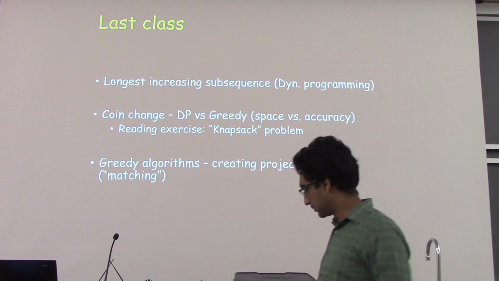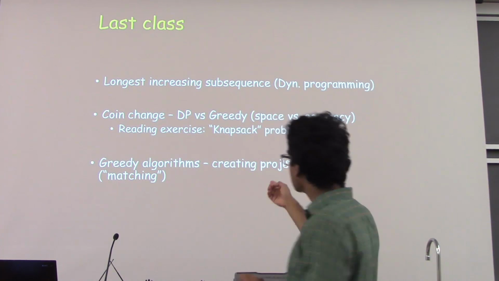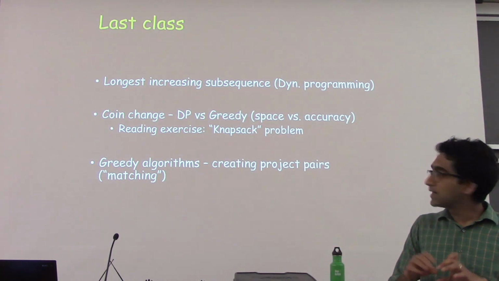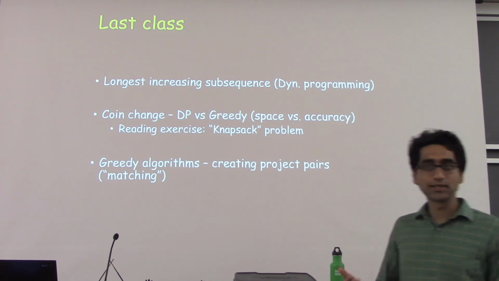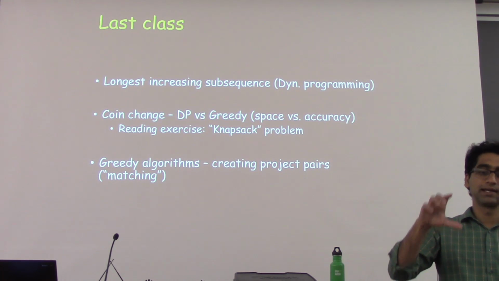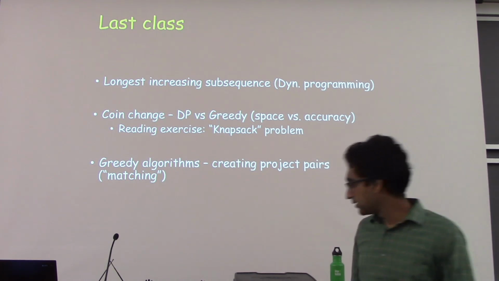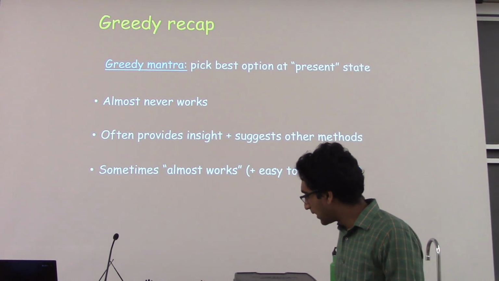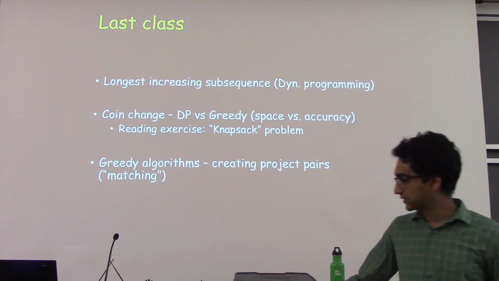And we also saw this example of creating project pairs. We said this was our first introduction to some graph problem, where you wanted to just create as many pairs as possible. I'll just recap that in a bit. But this is what we did last class.